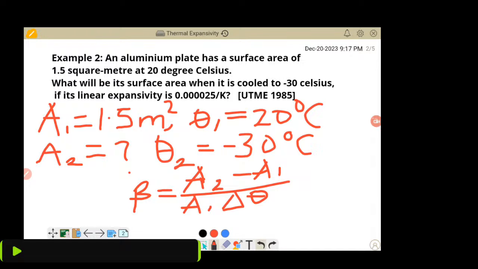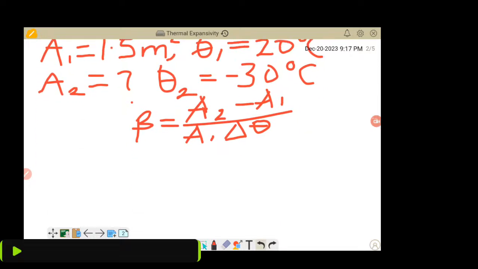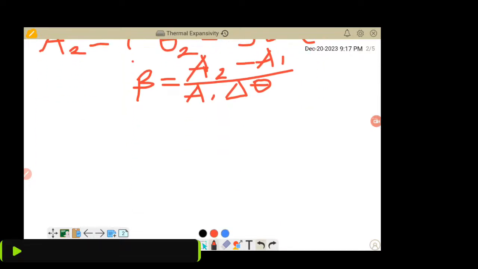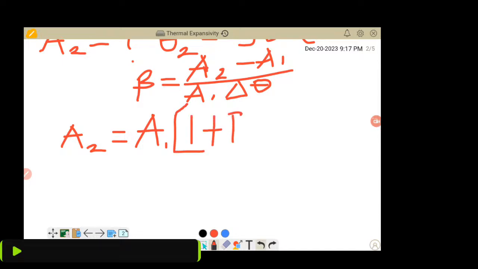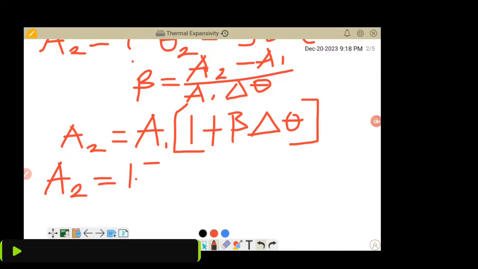We can make A2 the subject of the formula, and doing that we will have A2 equal to A1 into bracket 1 plus beta delta theta, that is the value of our A2. Substituting all the values into this equation, because we have them already, only A2 is what we are looking for. We can have our A2 equal to, our A1 is 1.5 according to the question.